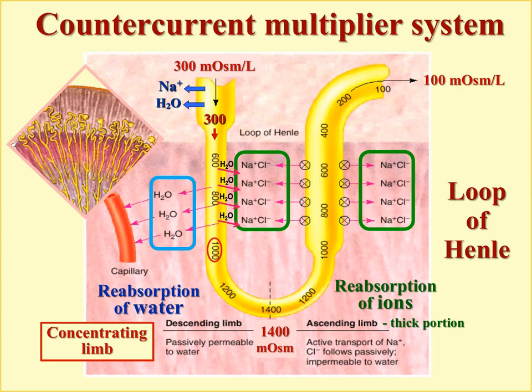And then, when fluid passes up and up in the ascending limb, due to loss of ions and unchanged amount of water, concentration becomes progressively less and less. And when the filtered fluid flows out of the loop of Henle, finally we have even hypotonic fluid, less than blood plasma, not 300 but just 100 milliosmol per liter.